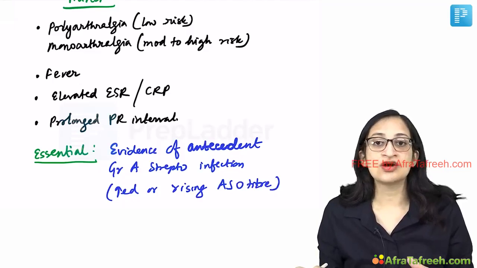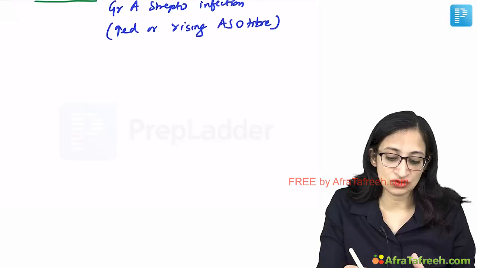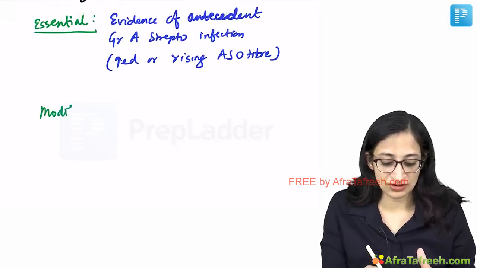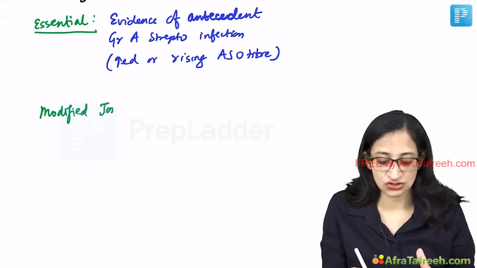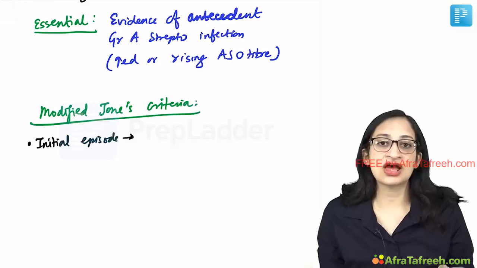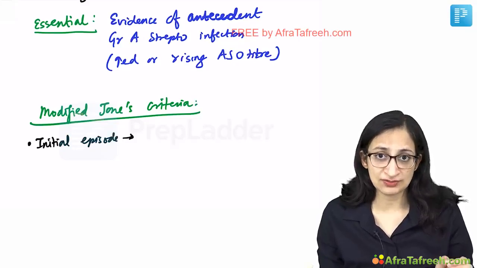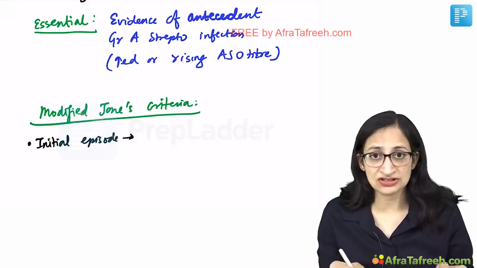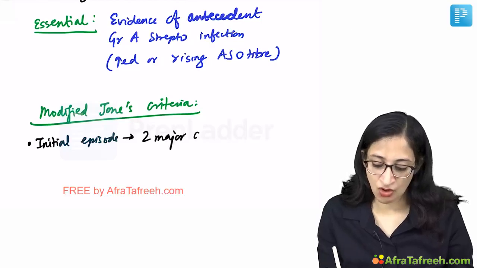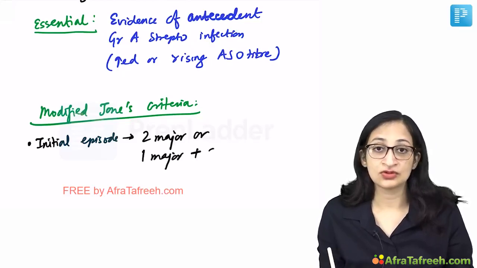Okay. Now, when do you call it that modified Jones criteria is positive? So, we diagnose rheumatic fever clinically. So, modified Jones criteria requires that in order to diagnose an initial episode of rheumatic fever, you need to demonstrate either two major criteria, okay, or one major plus two minor criteria, okay.